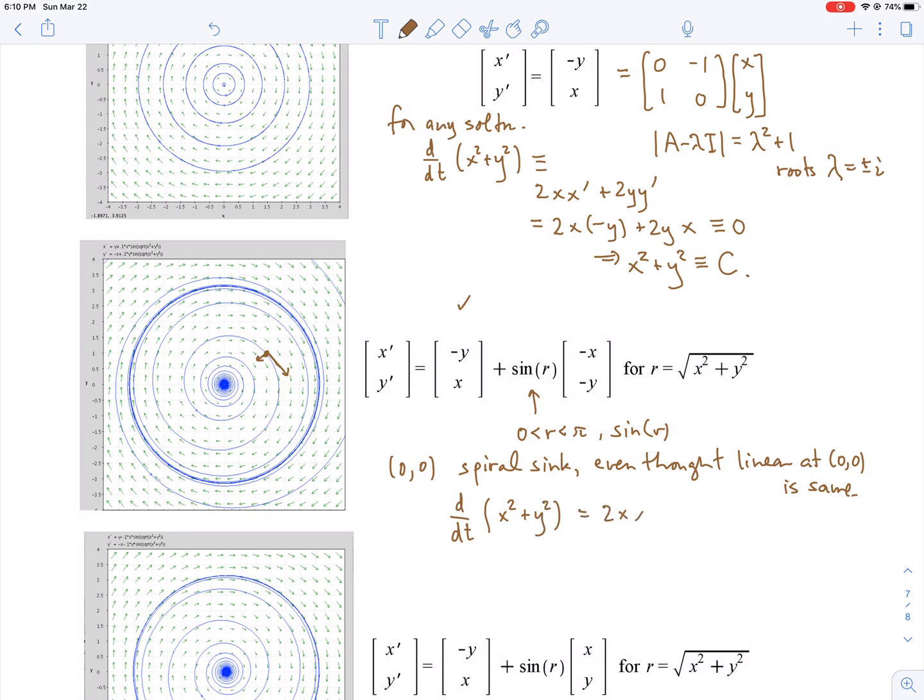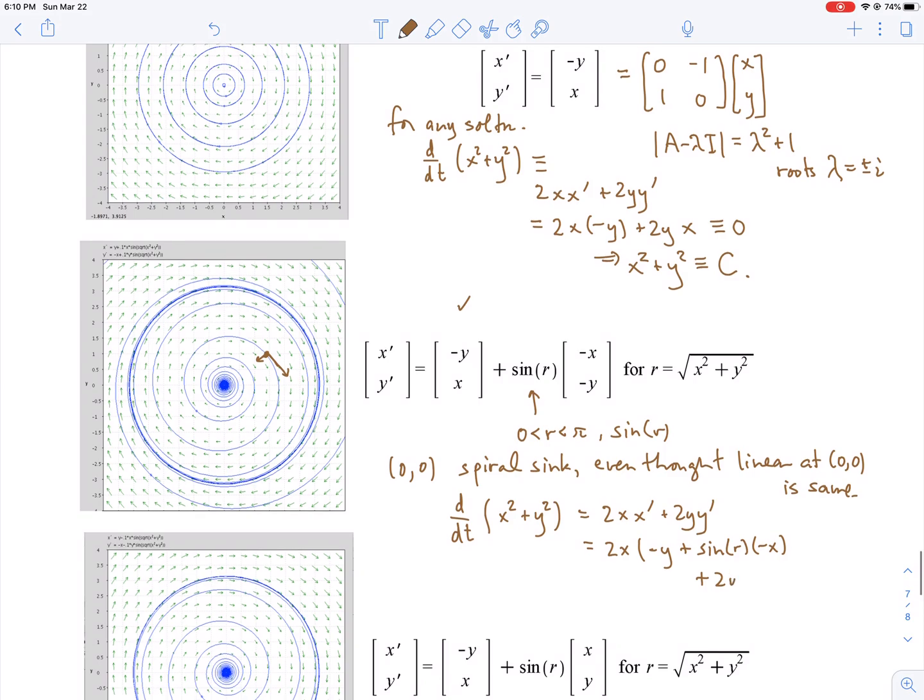It'll still be 2x x prime plus 2y y prime, and that's 2x times, looking at the system, minus y from the linear part, but then I get plus sine of r times minus x, and then 2y times y prime is 2y times x minus sine of r times y.